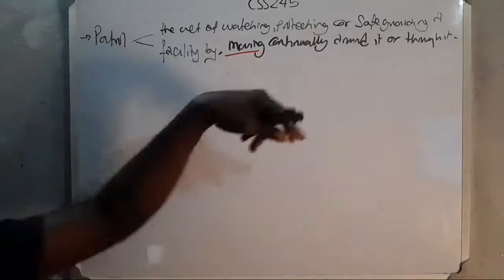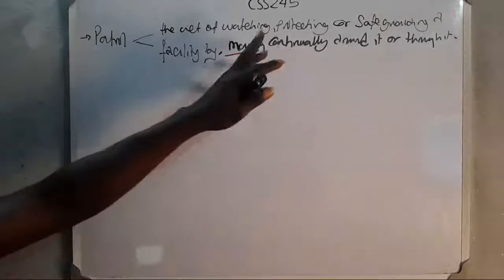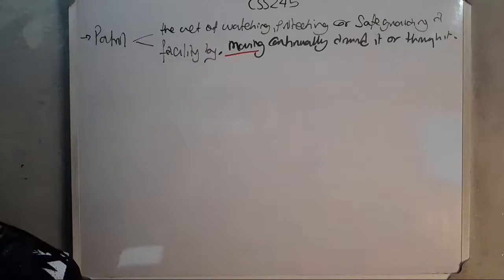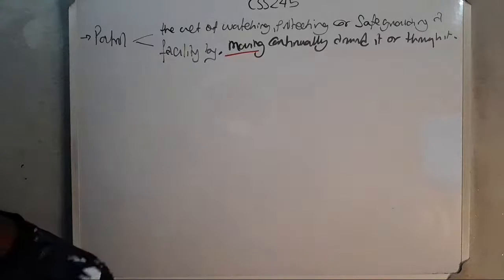You have the word moving around or through continually that particular thing you are protecting or safeguarding. So as a patrolman, you must ensure that there are no intrusions in that route that you are patrolling. You are expected to check unusual sounds and investigate their source.